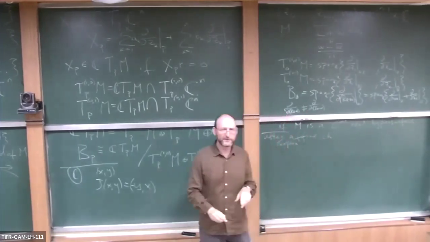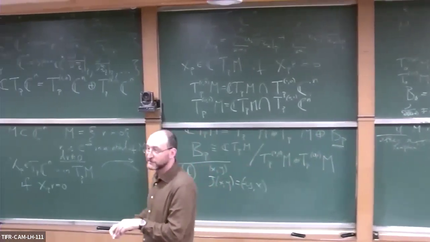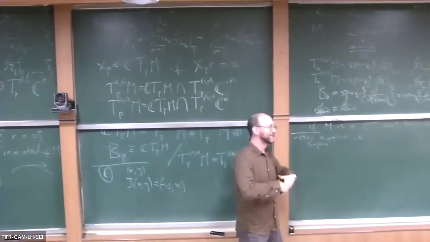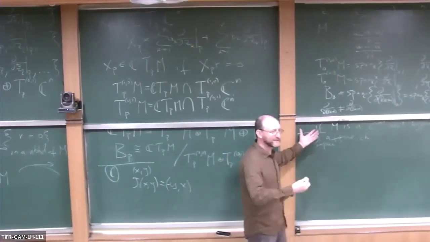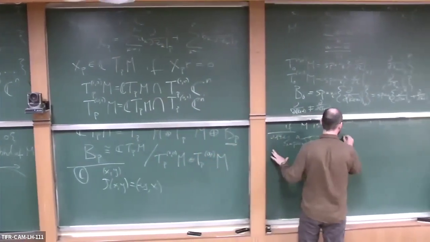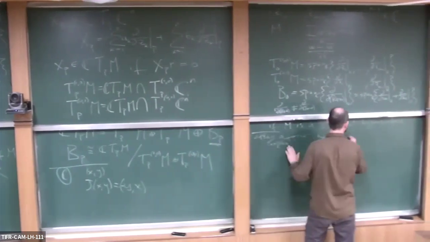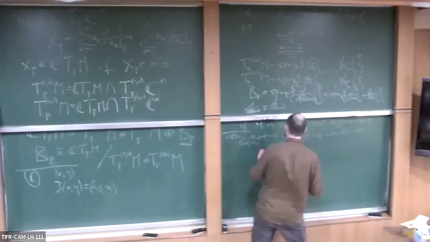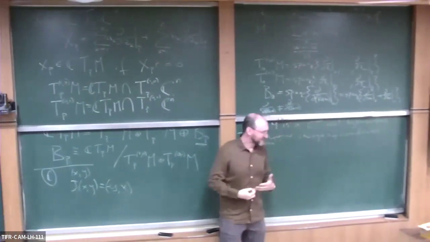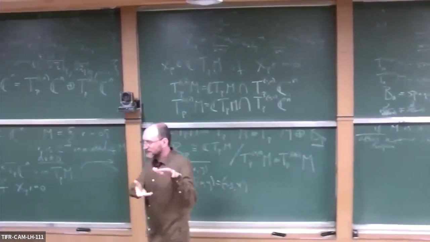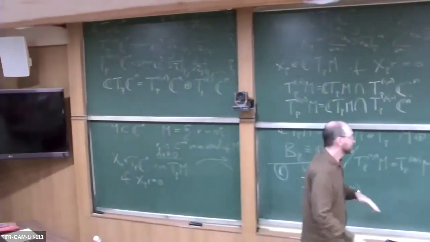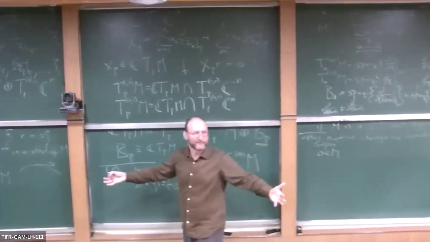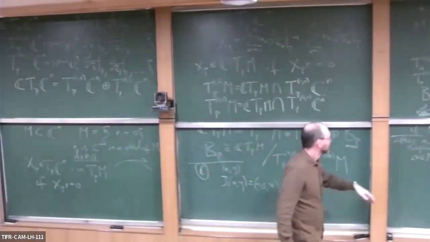We don't want to change the complex structure, so if we're doing any change of variables, we want a holomorphic change of variables, so a complex affine change. I can translate everything to the origin, so whatever point I'm thinking of can be zero.